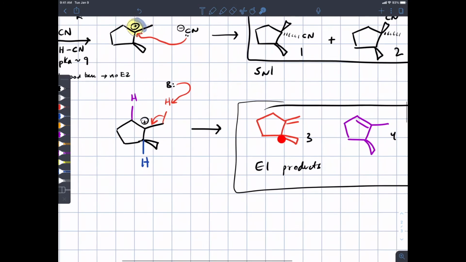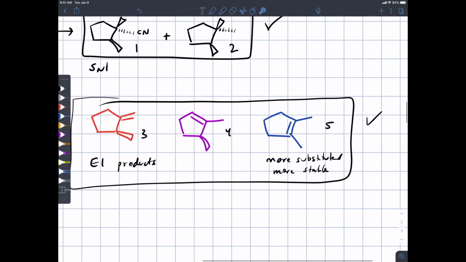I use the wedge there because that stereocenter is unaffected in this reaction. Same thing here for 4. And I don't use dashes or wedges here because that carbon is no longer sp3 hybridized. It's just sp2 and flat.